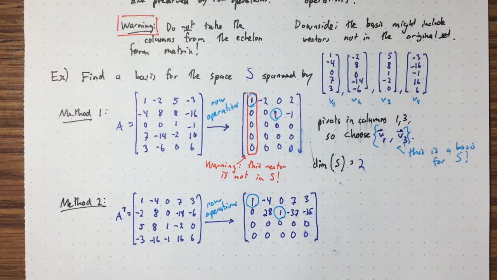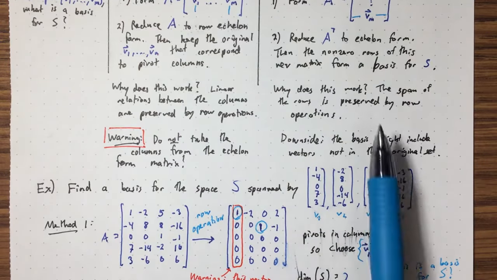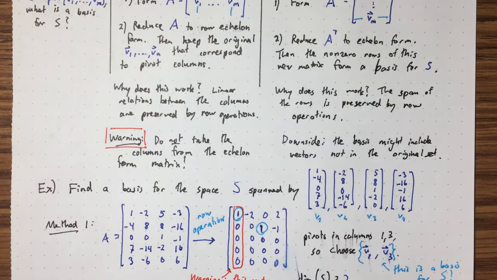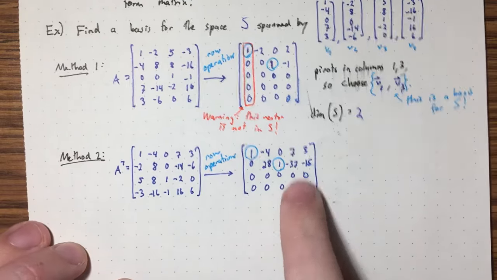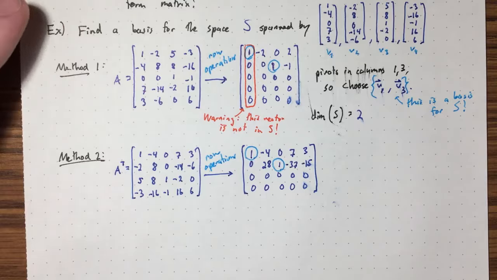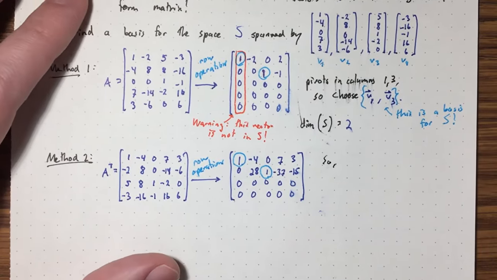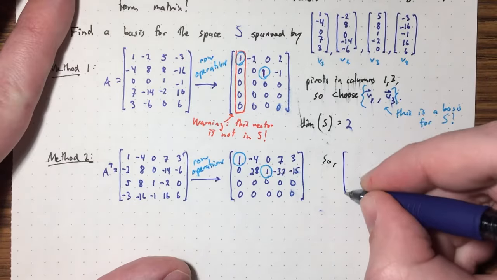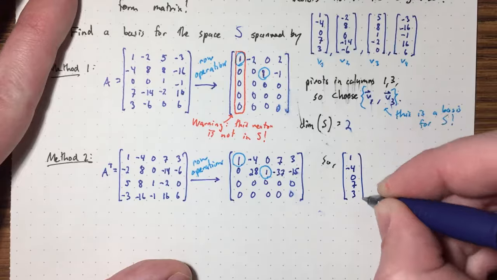Okay, what is this telling me? Let's recall what we're doing. We want to take the non-zero rows of this matrix. So what is my basis? Notice that this first row happens to be V1, right?